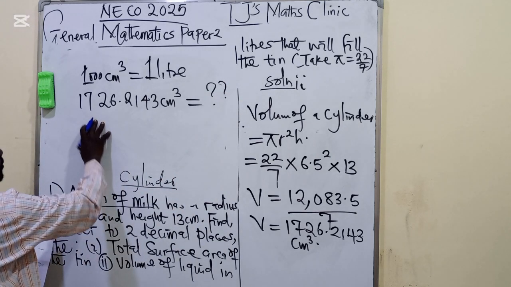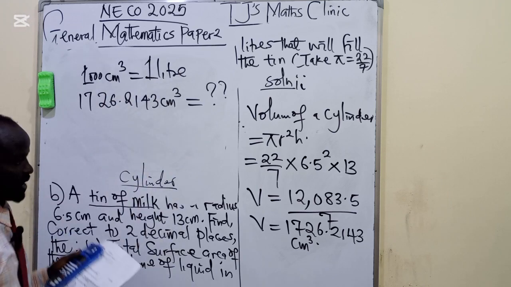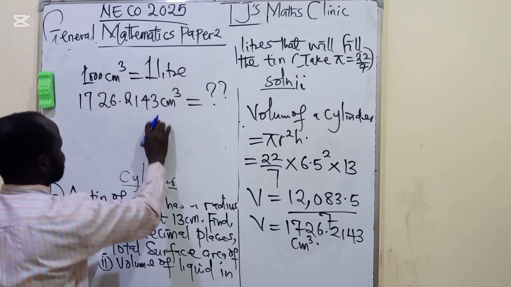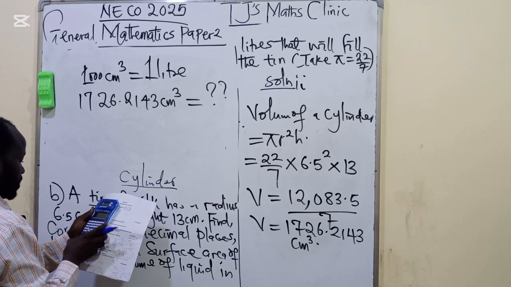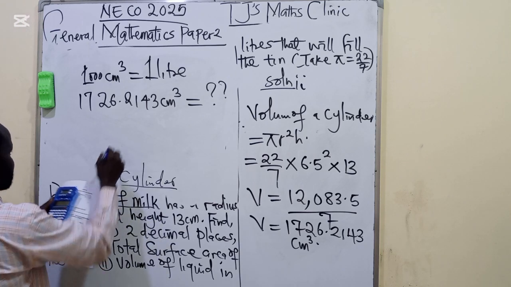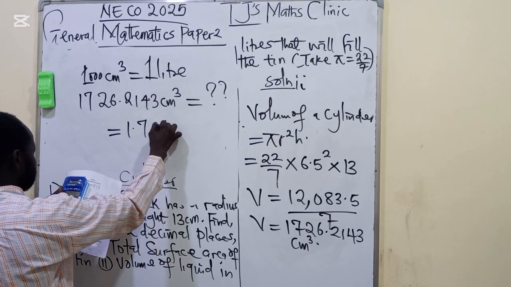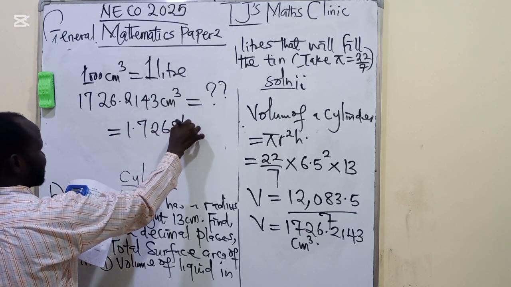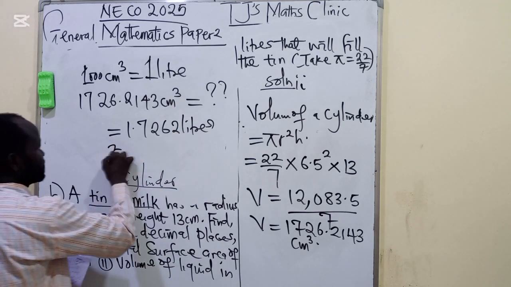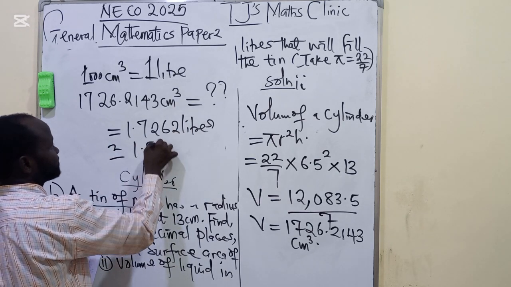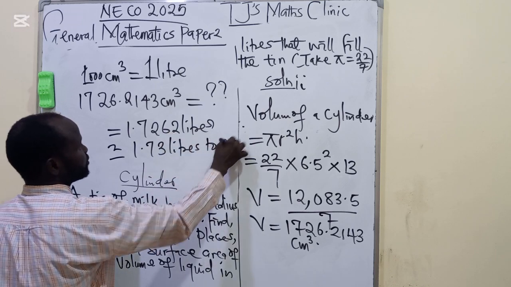The only thing we need to do when converting from centimeter cubed to liters is divide by 1000. So if we divide by 1000, we have 1.7262 liters. But the question said to 2 decimal places, so it will be 1.73 liters to 2 dp.